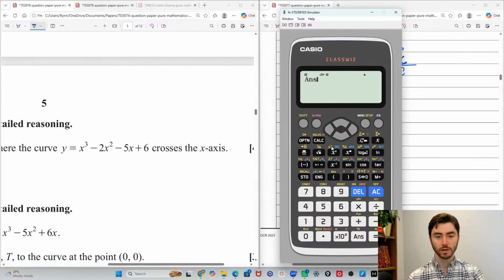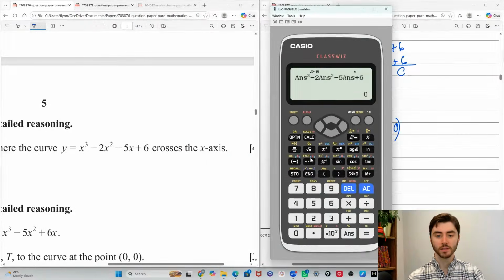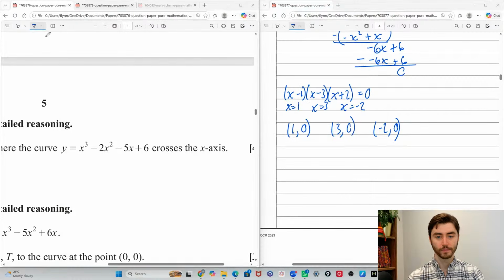I always use this answer method for substitution just to make sure I don't make any calculator error. 0. Okay.